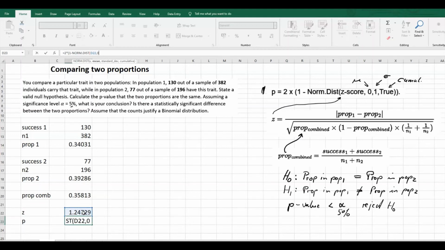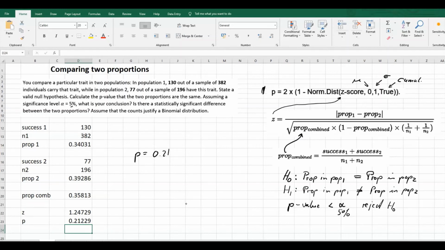We have 0 for the mean, we have 1 for the standard deviation, and we want true for the cumulative, and we have then 2 brackets here. Okay, and we get a p-value of 0.212.